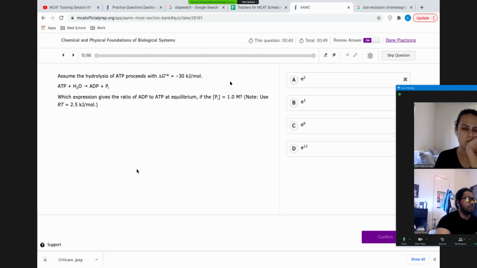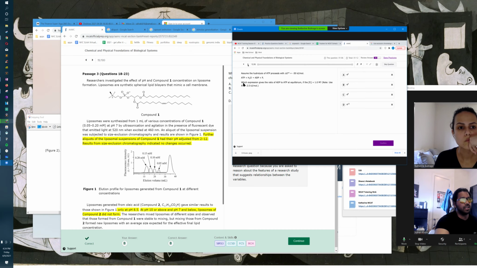But anyway, we would just do delta G is equal to negative RT natural log of, I think, ADP to ATP. Mm-hmm. And then ADP concentration times the other concentration.